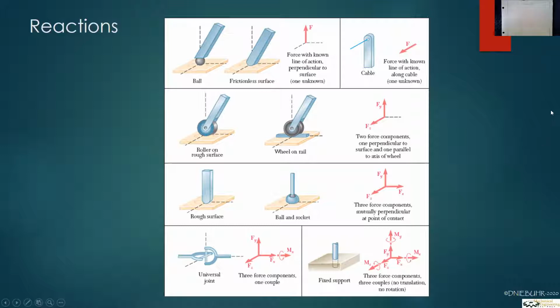So these show you the different levels from probably the least constrained to the most constrained. The fixed support is constrained in all 3 directions with both moments and forces. Those types of problems we'll touch a little bit on in the homework, but for the most part, we don't do those. They get a little complicated for an introductory class.